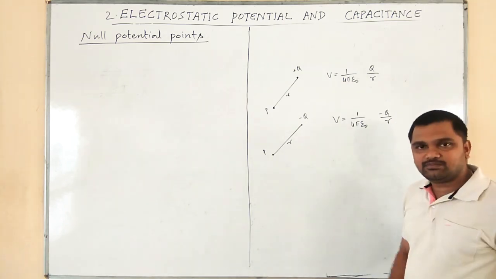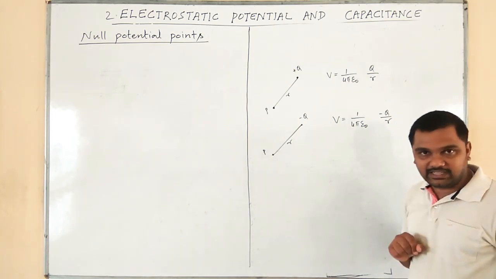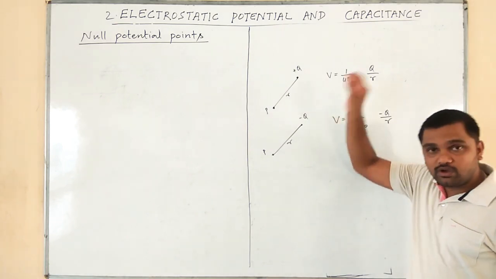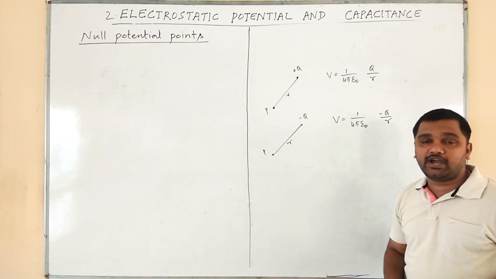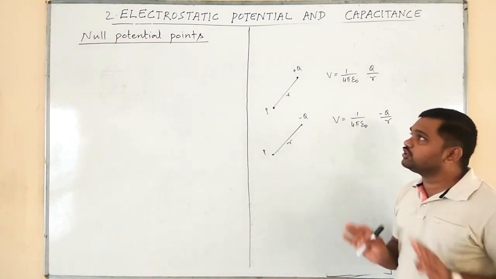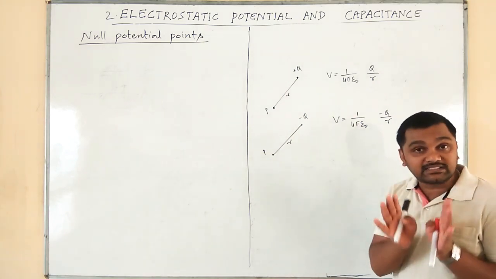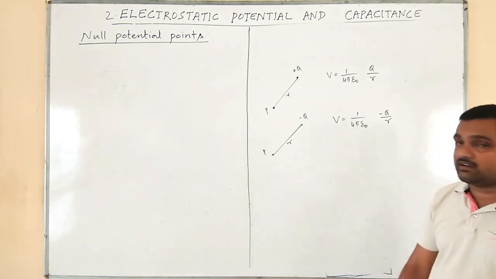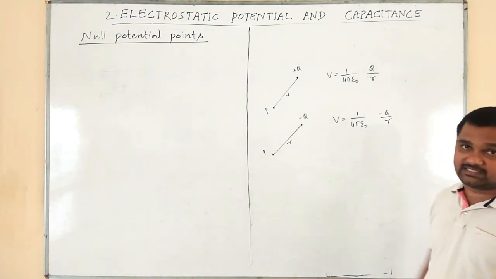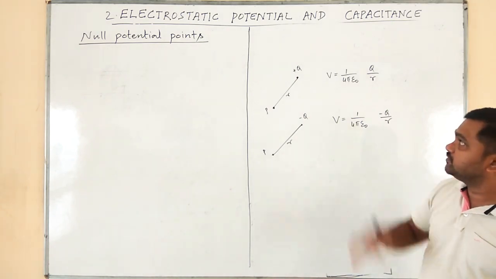If we add them, then we will get 0. It becomes 0 only in this case. Therefore, the concept of null potential points arises only in case of a pair of unlike charges. Please remember, it is not possible for like charges.